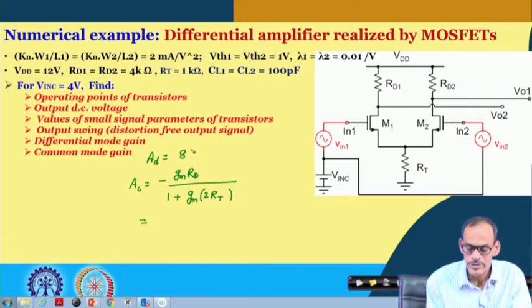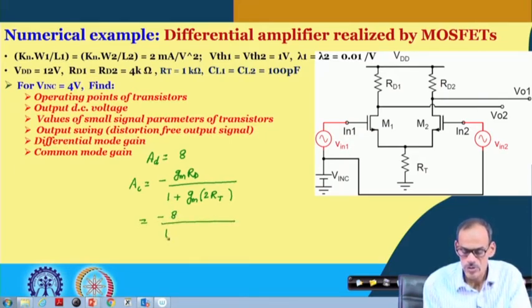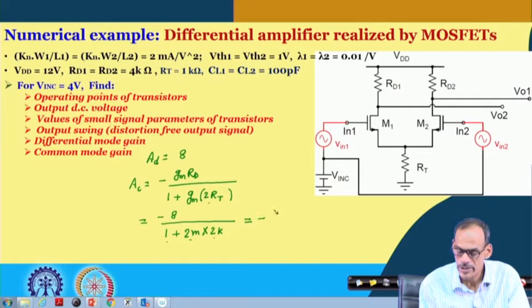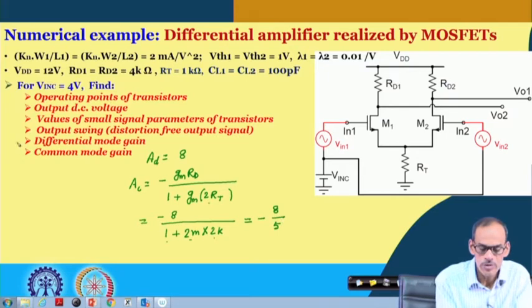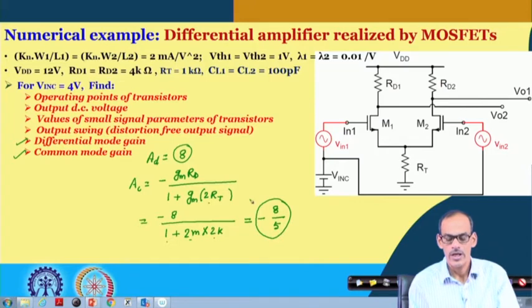So, this part we already obtained, 8, and on the other hand here we have 1 plus GM, which is 2 milli, and this is 2 K. So, this part is 4, this is 1. So, that gives us minus 8 by 5. So, the differential mode gain is 8 and the common mode gain is minus 8 by 5.